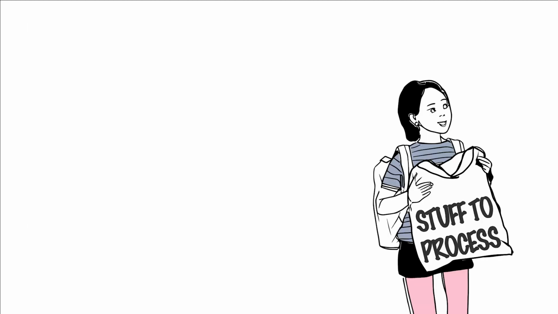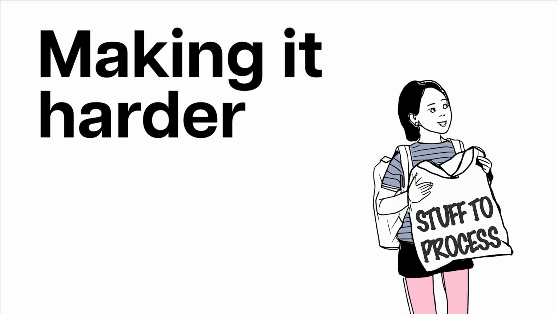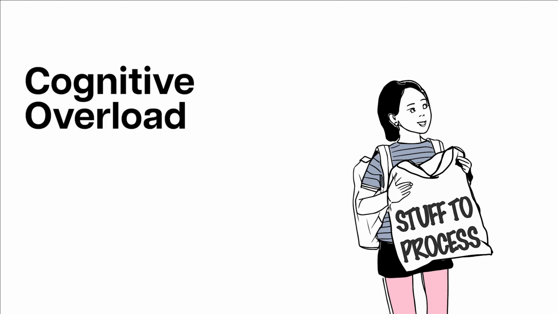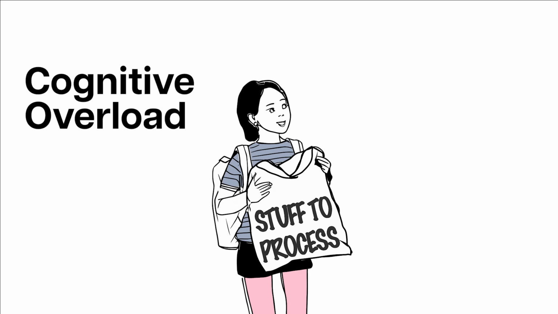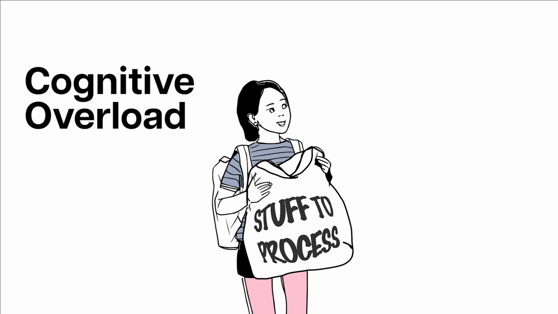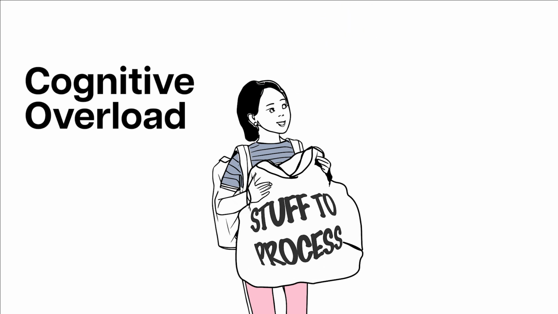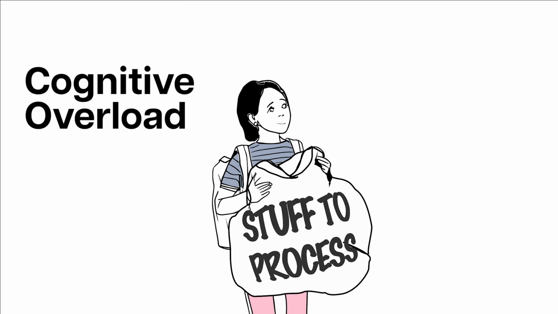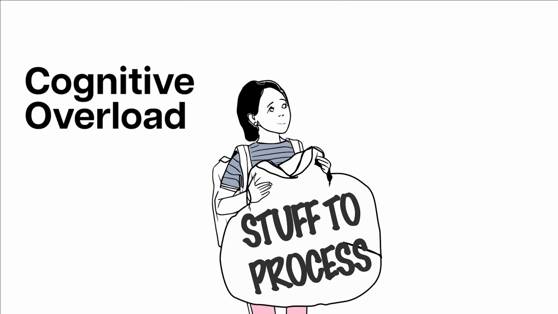Equally, though, there is a very good chance that by doing this, we are inadvertently making it harder for our students to learn. This is because of something called cognitive overload. Cognitive overload tells us that any time we add pictures that are not essential to the learning objects, we increase the amount of extraneous or irrelevant information, increasing the effect of cognitive overload and actually making it harder for our students to process the bits of information we really need them to.